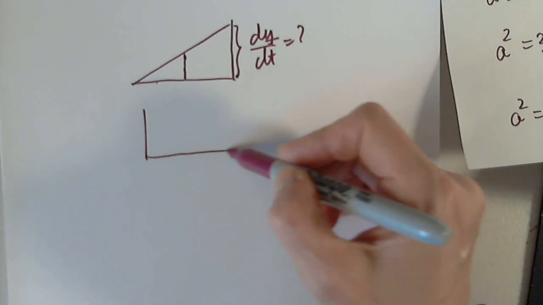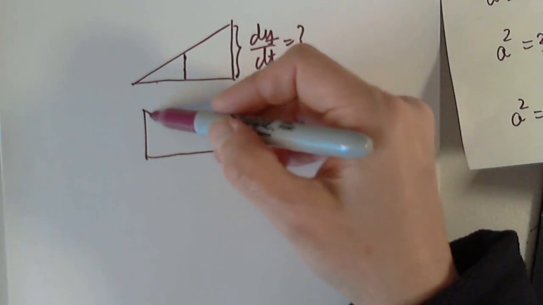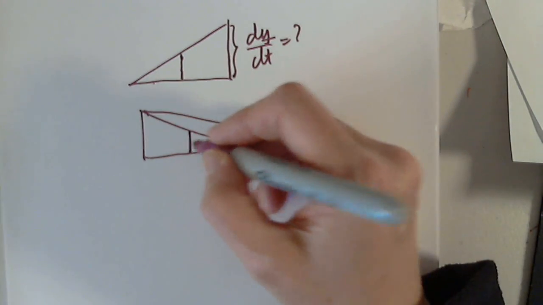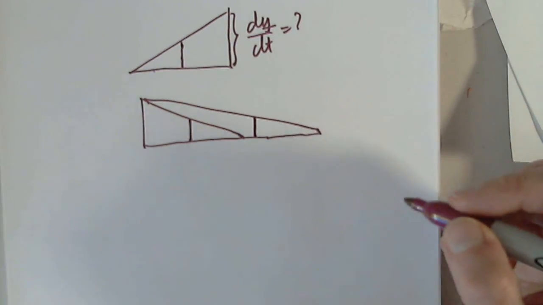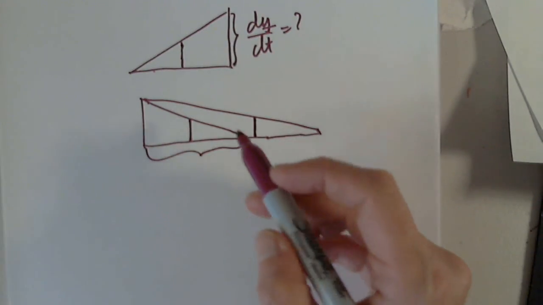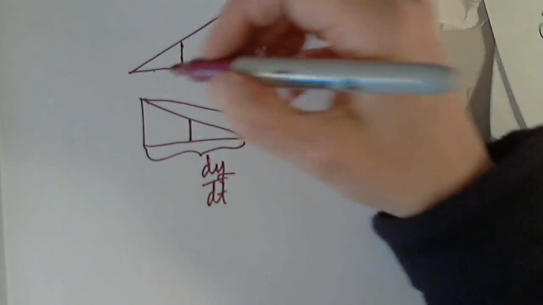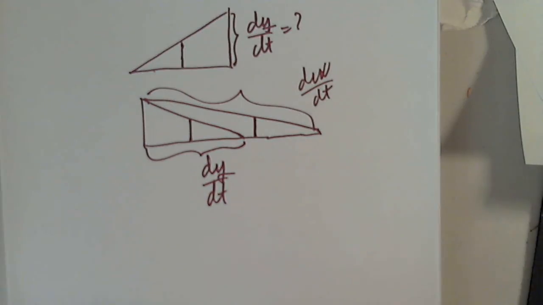But this situation can be addressed in several ways, right? So the person is here, or the person, the same height, is here. So I can consider this as dy over dt, or I can consider this as dw over dt. So it's a little bit questionable, this particular type of problem, because it doesn't specify.